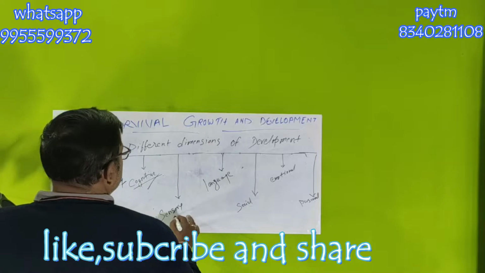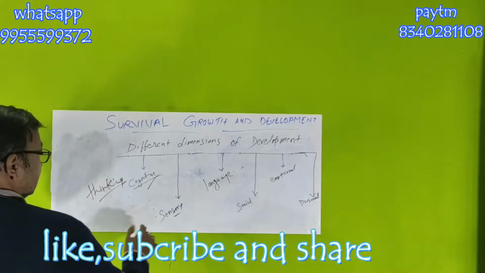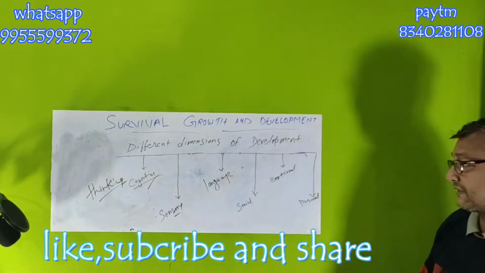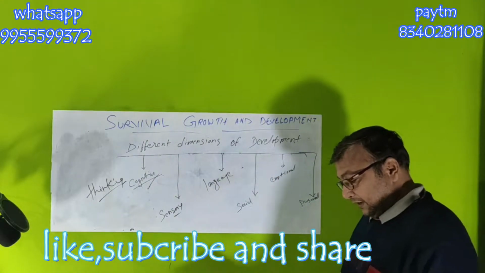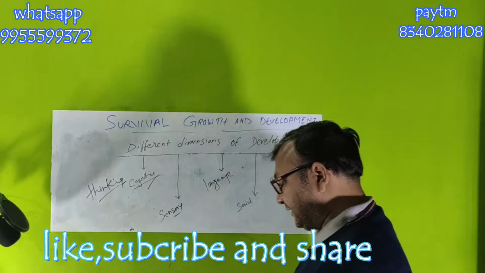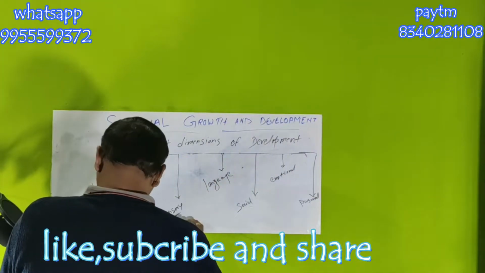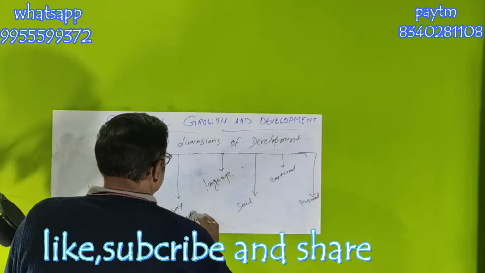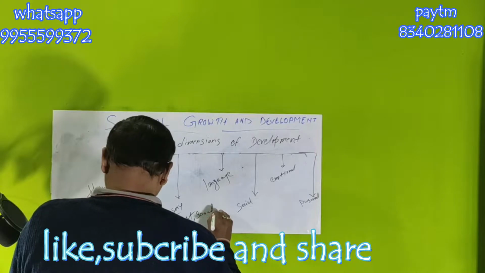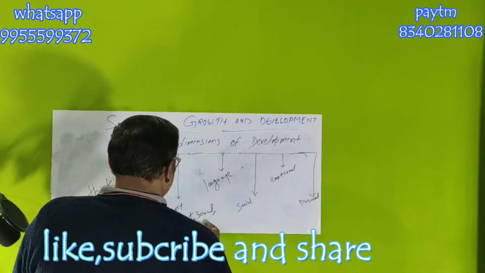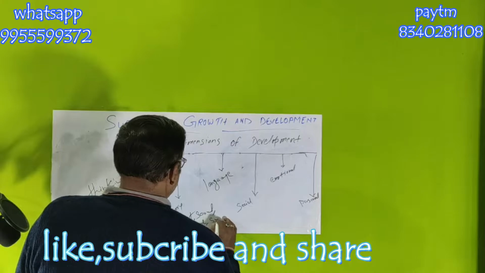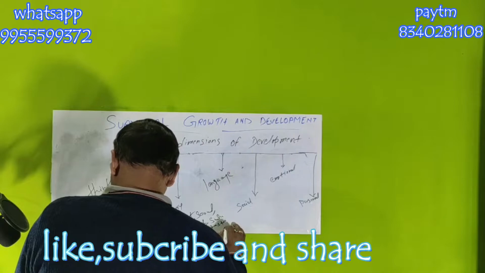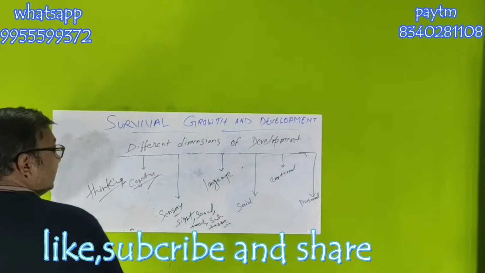Next is sensory. Sensory deals with the senses. It refers to the capacity of sight, sound, touch, smell and taste.